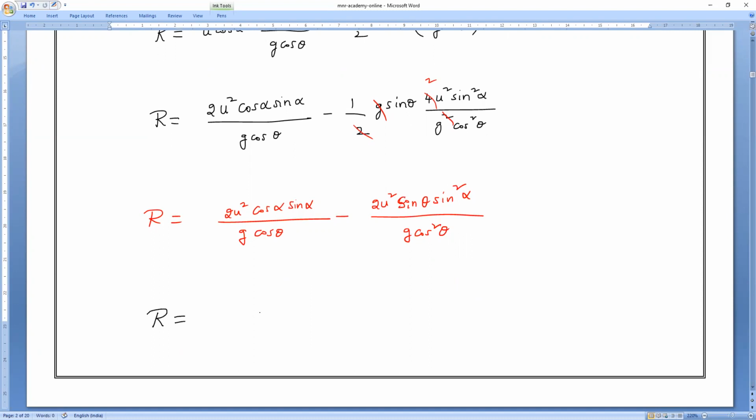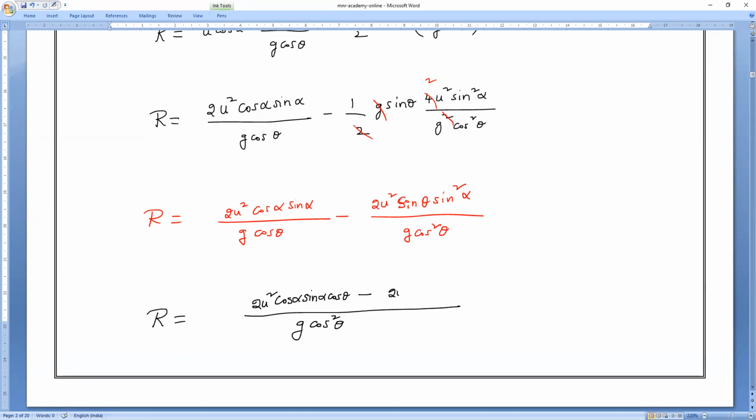So R is equal to multiply this one with cos theta. So I can take common LCM, cos square theta. So here what will happen? 2u square, everything is 2u square. Not cos alpha. We are multiplying with cos theta. So cos alpha, sin alpha, cos theta. Am I right?